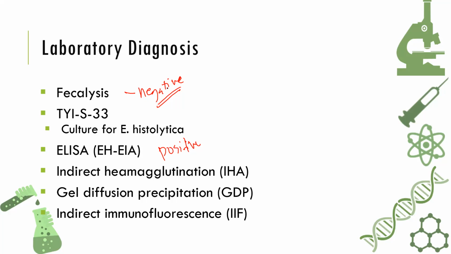Or hindi pa napapas through feces yung mga protozoans, yung Entamoeba histolytica present in the stool. But antigens of the parasite is already detectable. Now, aside from ELISA, we also have the direct or indirect hemagglutination, HIA, gel diffusion precipitation, and indirect immunofluorescence.